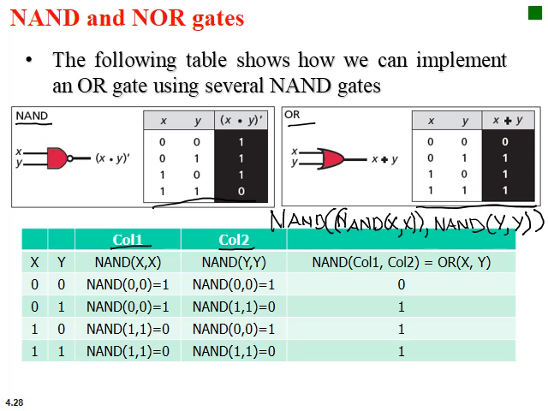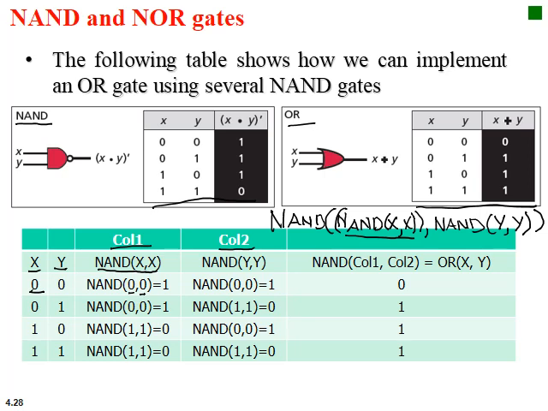So let's see how that works. Well, here's our normal input variables of X and Y. So if we now take NAND X X, let's just quickly do this first column. Remember, we're doing that one now, NAND X X. X currently is 0, so now NAND X X is NAND 0, 0. We just copy that 0, it's the same value.